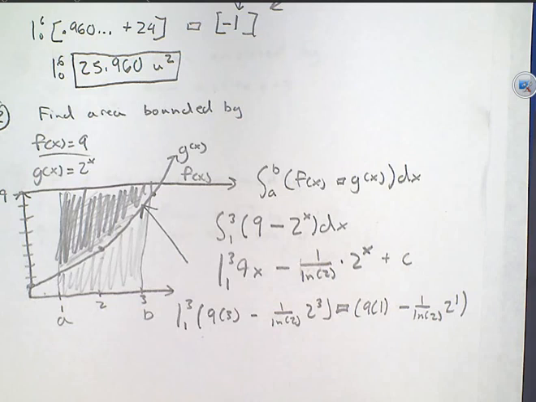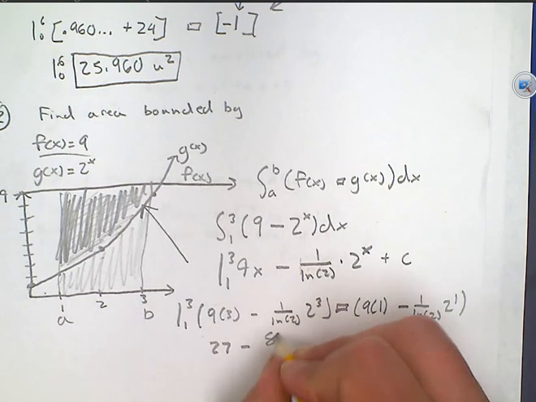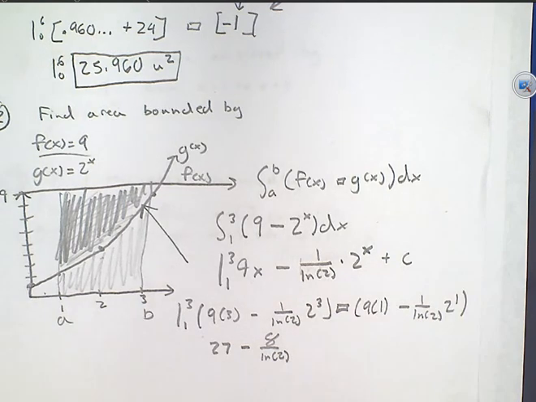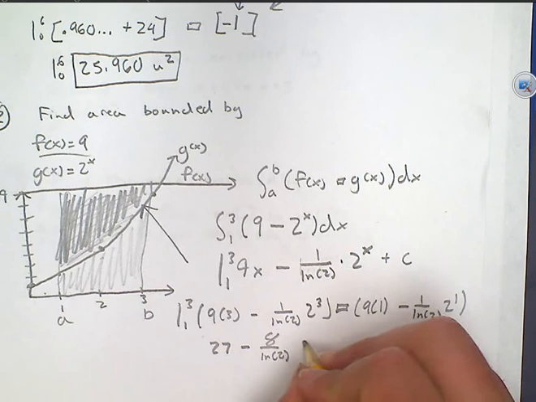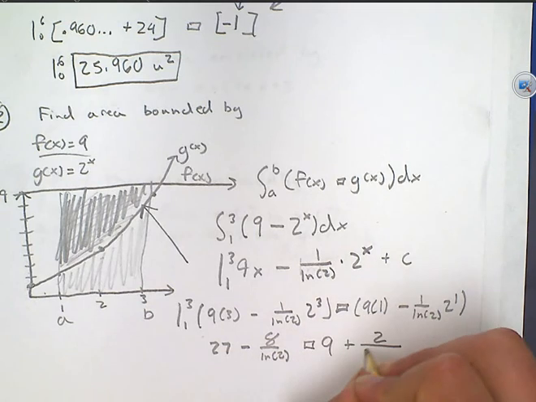So that's 27 minus 8 over natural log 2, and that's minus 9 plus 2 over natural log 2.